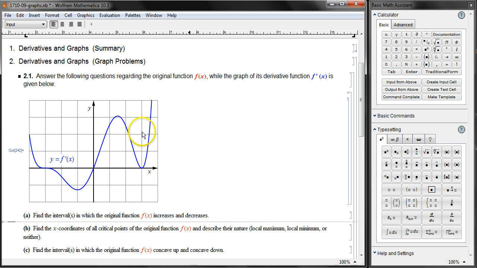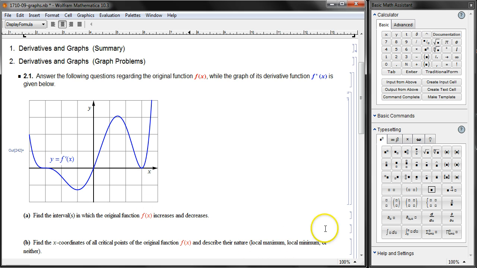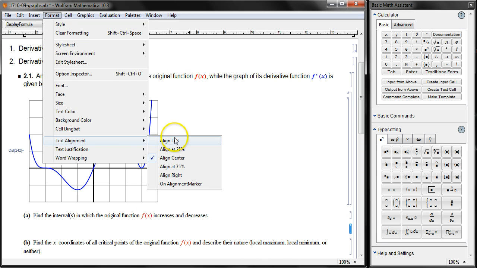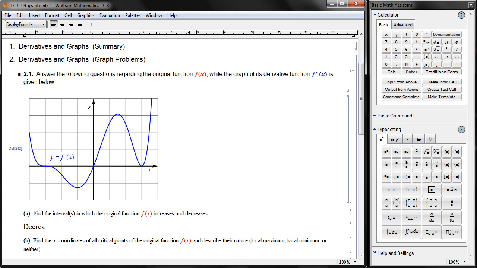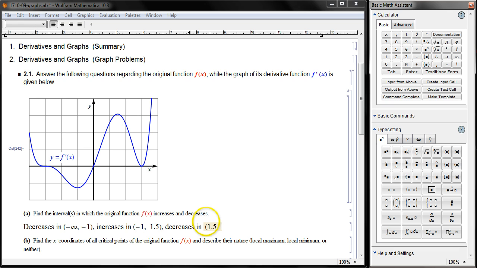If you blindly look at the derivative function, and then write like this: decreases in the interval negative infinity to -1, increases in -1 to +1.5, about 1.5 right here, decreases in 1.5 to about 3, increases from 3 to infinity.